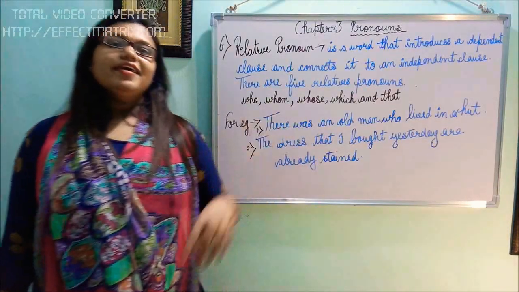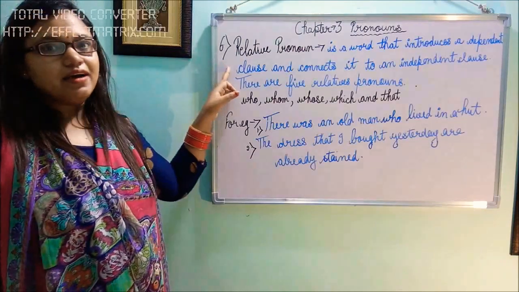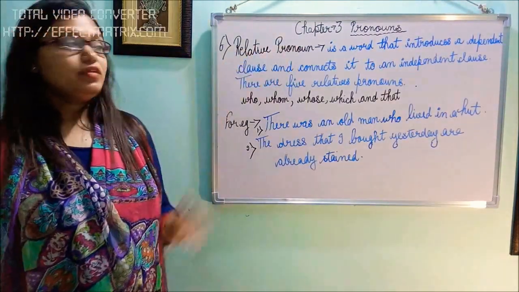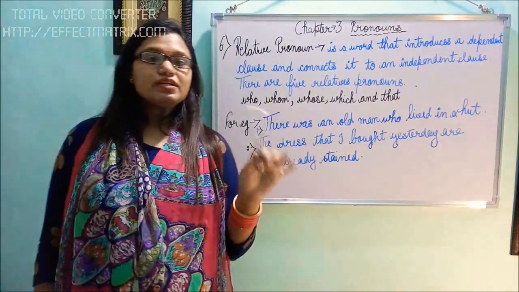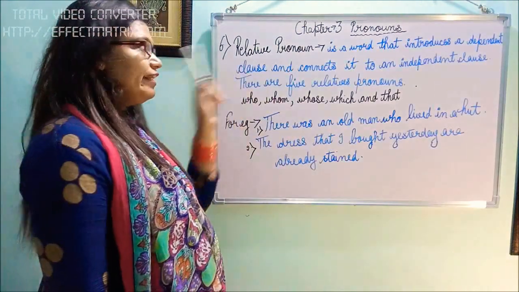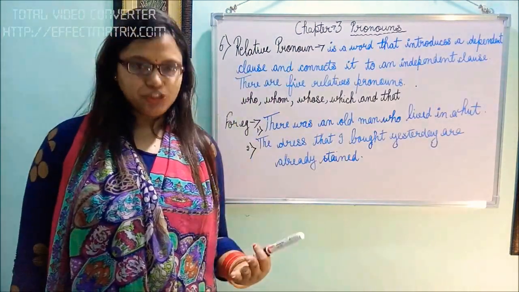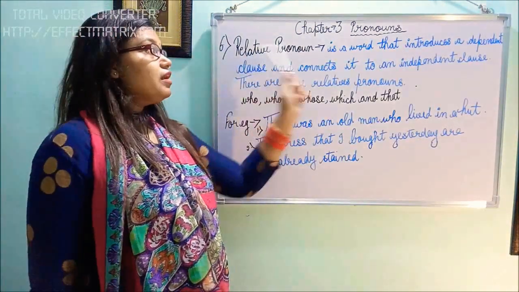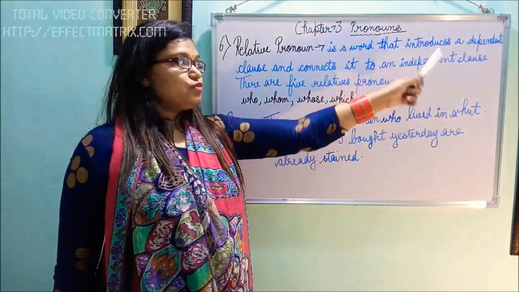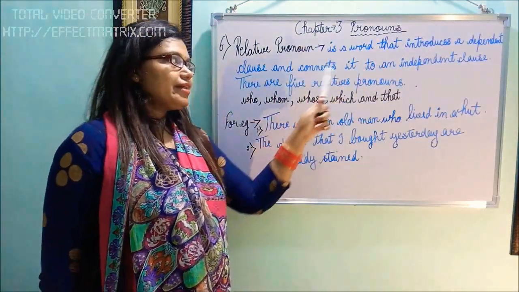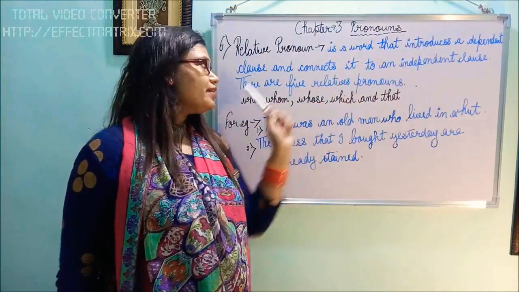So students, now we will discuss the 6th kind, that is relative pronoun. Now students, relative pronoun is very clear from its word, relative. Relative means showing relation. Understand? So it is a word that introduces a dependent clause and connects it to an independent clause.